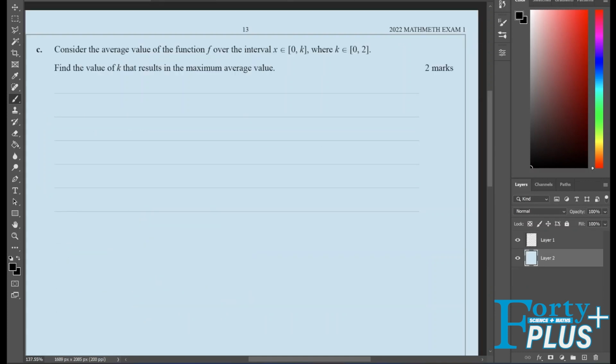So finally, we're up to part C, and this is the very last question for the exam. And it says, consider the average value of the function f over the interval x is an element of 0 to k, where k is an element of 0 to 2. Find the value of k that results in the maximum average value.